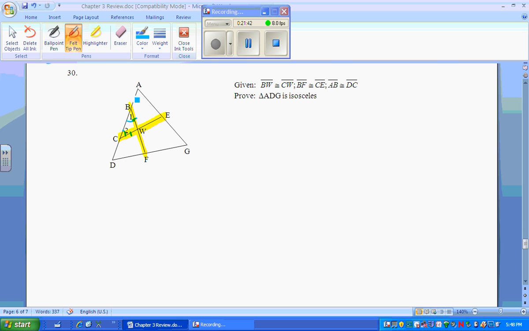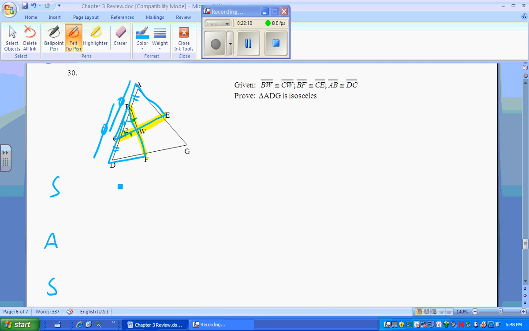And last but not least, AB is congruent to CD, which means this side will be congruent to this side by the overlapping of BC. We are now able to prove that triangle ACE is congruent to triangle DBF by side, angle, side.